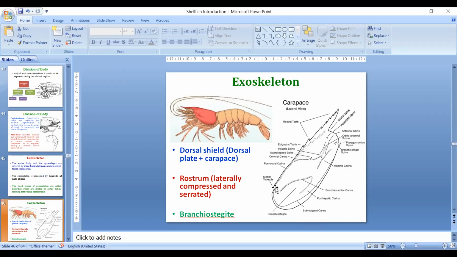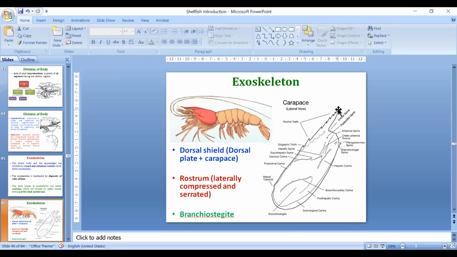The dorsal shield is pointed and protruded at the anterior front. It is laterally compressed, protruded towards the anterior-most side, and has serrations, like teeth or thorn-like spines.